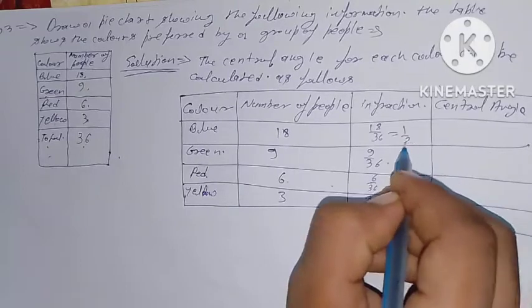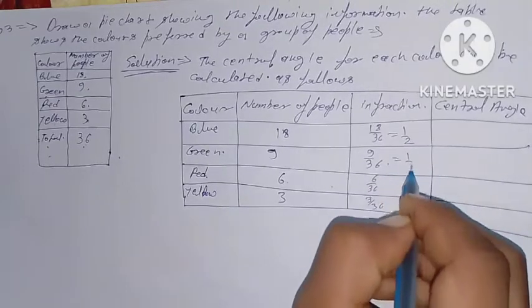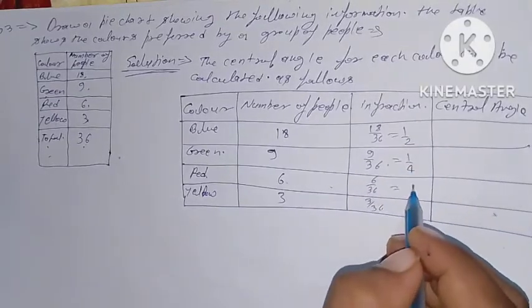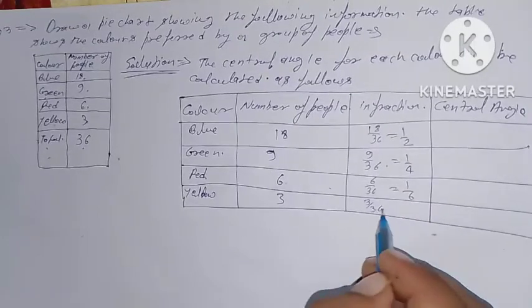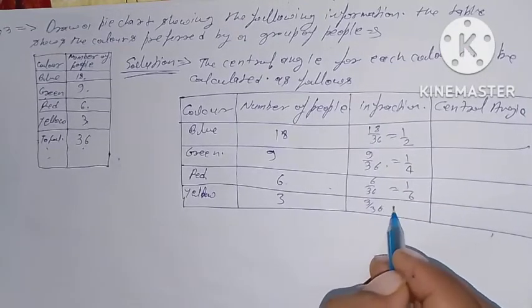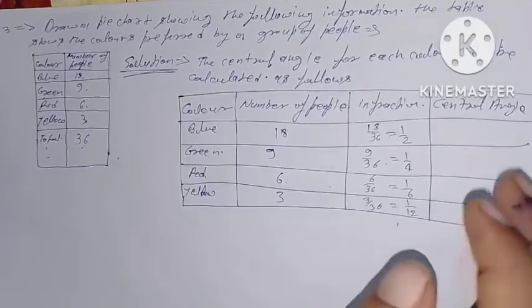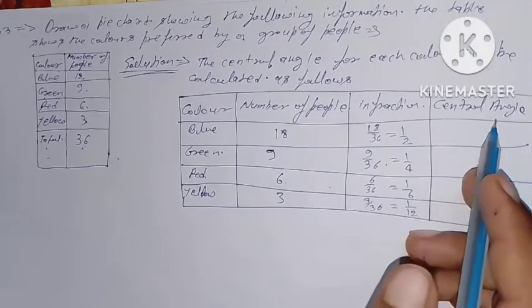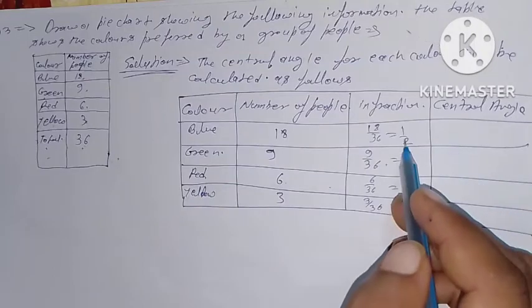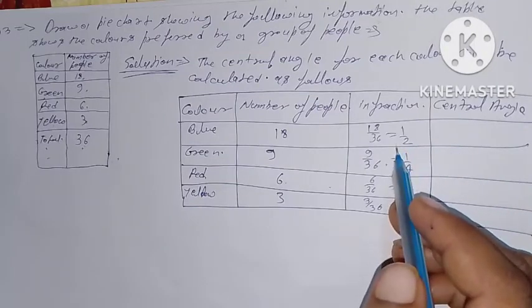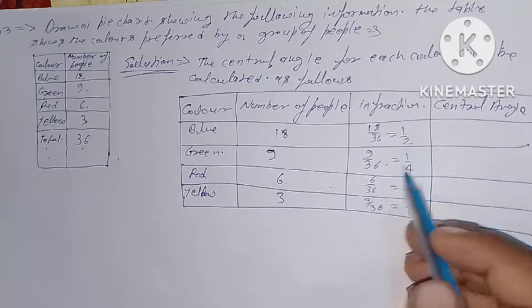This is 1 upon 2, this is 1 upon 4, this is 1 upon 6, and this is 1 upon 12. And how to find the central angles? We multiply the fraction by 360, because the total central angle is 360 degree.